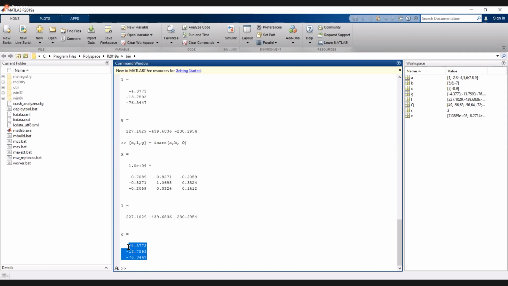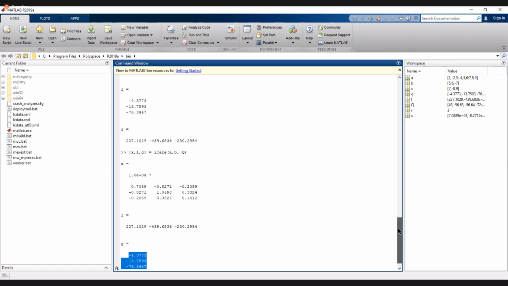So what you're highlighting there is the gains, and this thing that you're highlighting are the eigenvalues. icare switches around the two of them. So you're going to end up with the gains being the second function and the eigenvalues being the third function, whereas in the original care function, it is the other way around. So that's the only difference that I see here.